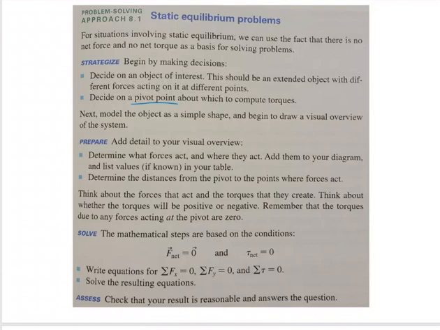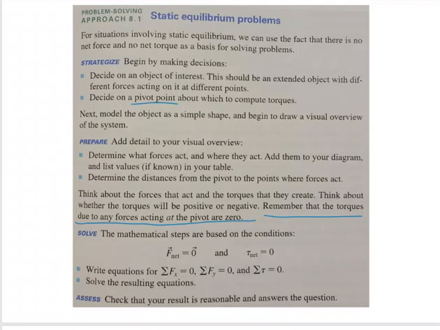Then think about what forces act, the torques that they're going to create, and what directions the torques are trying to get the object to rotate if it was rotating, and therefore what signs they will have. And remember, this one's important: the torques due to any forces acting at the pivot are zero. That's why we're careful about the pivot that we choose.